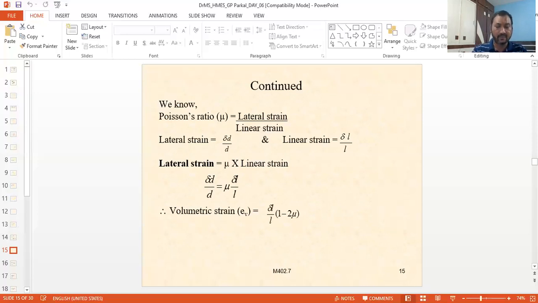So this holds good for either a circular bar or a rectangular bar.